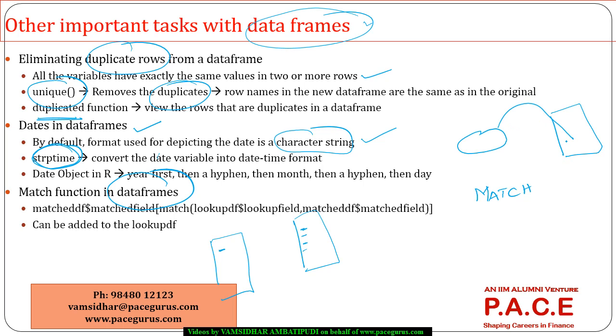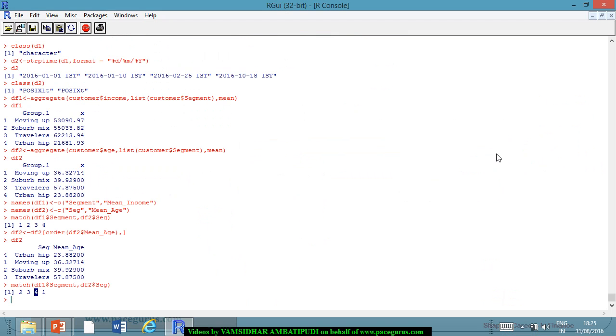So wherever the match is occurring, it will pull out the location where that match has occurred. So that way it could be more and more useful. It's more like a lookup kind of a function as well. That is one more way you can pull out. Now you can very well pull out the age corresponding to each one of them, and you can very well add it to your data frame as well. So that's one more way.